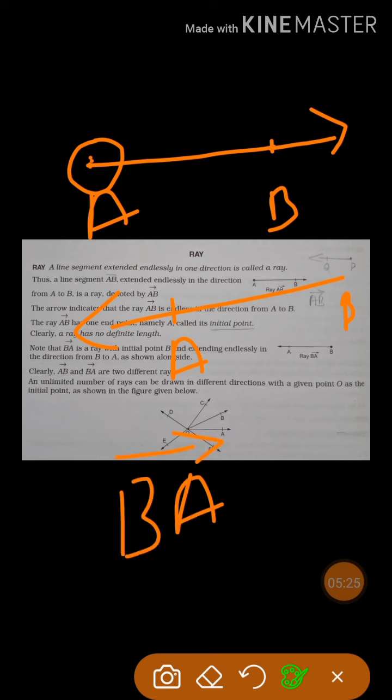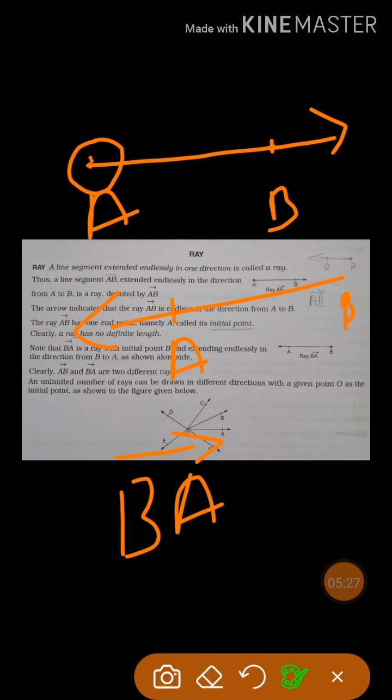So a ray has one end point and no definite length because it is moving in one direction. A ray can be drawn in this way also. Here the initial point is B, and it is moving towards A. So we write BA. Now see how to represent a ray.